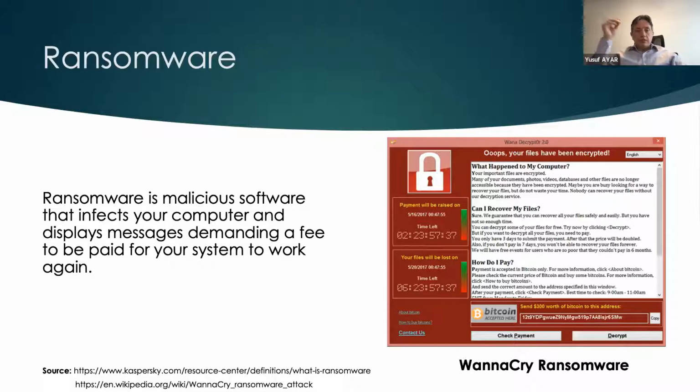On the right side, you see a screenshot from WannaCry ransomware. It's a famous ransomware from 2017, which targeted computers running the Windows operating system by encrypting data and demanding ransom payments in Bitcoin.